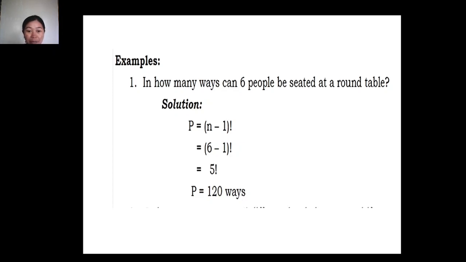So, automatic 5 factorial is 5 times 4 times 3 times 2 times 1. Or kung meron kayong scientific calculator, just press 5 factorial. And it will give you an answer of 120. So, the number of permutations will be 120, or there are 120 ways that 6 people can be seated at a round table.